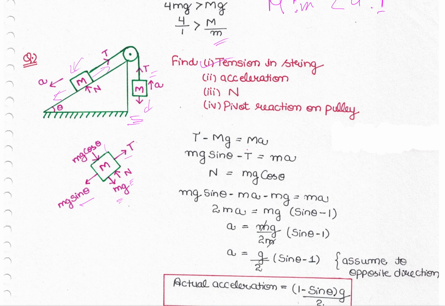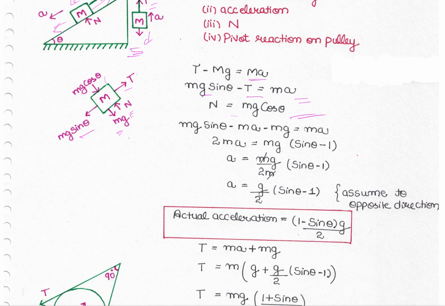So T minus mg is equal to ma, or mg sin theta minus T is equal to ma, or capital N is equal to mg cos theta. Or we can write mg sin theta minus ma minus mg is equal to ma. If we simplify that, we get a is equal to g by 2 into sin theta minus 1.